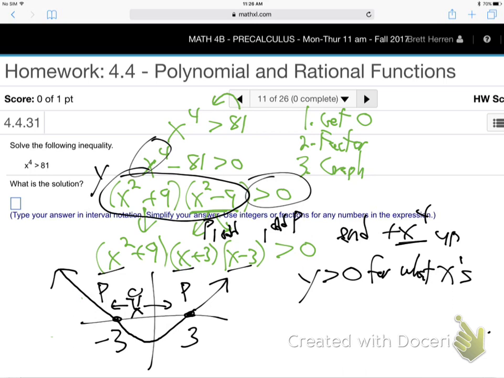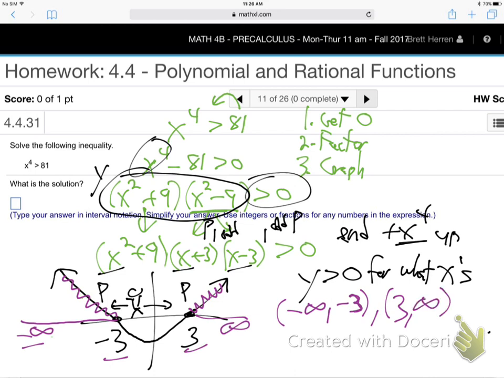Where would you see the graph positive? Here and here. And what x regions would that be? That would be on the x-axis from negative infinity to negative 3, and from 3 out to infinity. No brackets on anything, since all parentheses. So negative infinity to negative 3, comma, 3 to infinity. Good on that? Our final answer? Those are the x values where you'd see the graph above the axis.